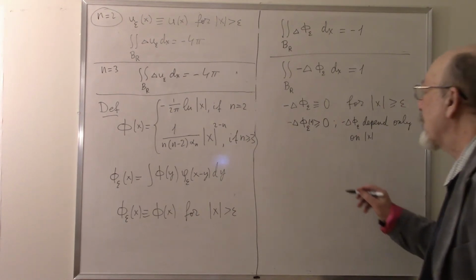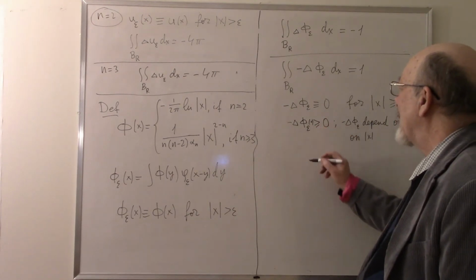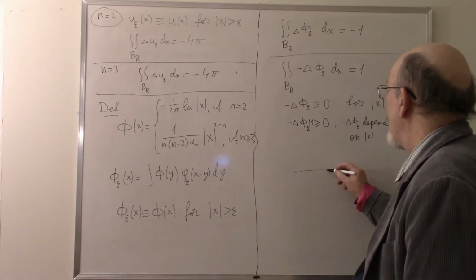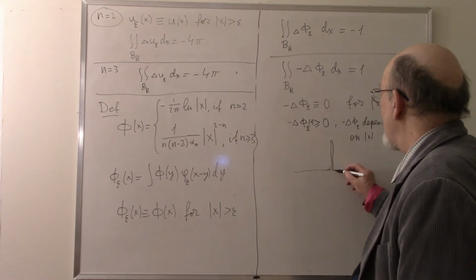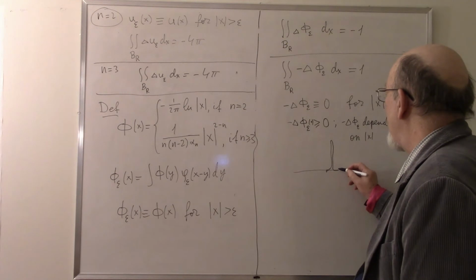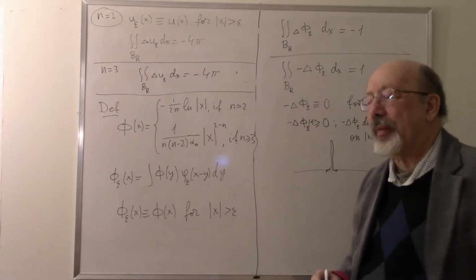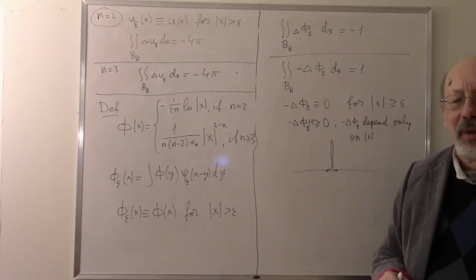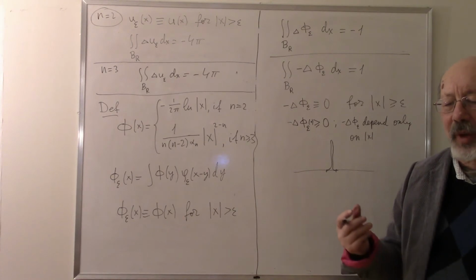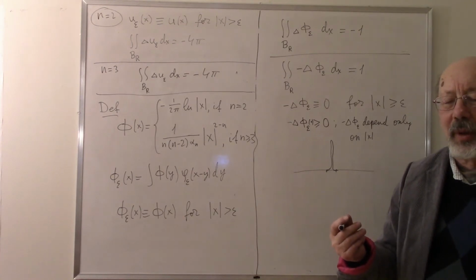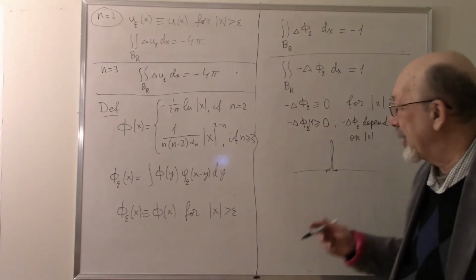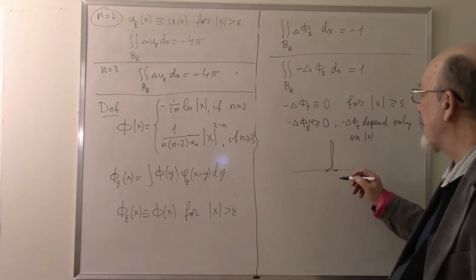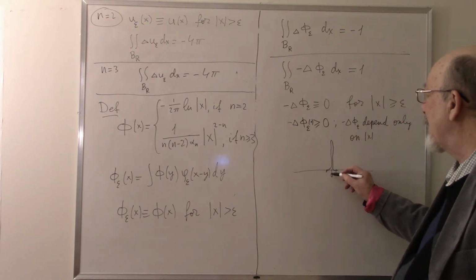So the function minus delta phi epsilon has the properties of a function which is converging to delta function. It looks like a delta-like function.